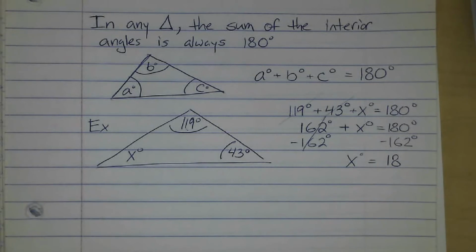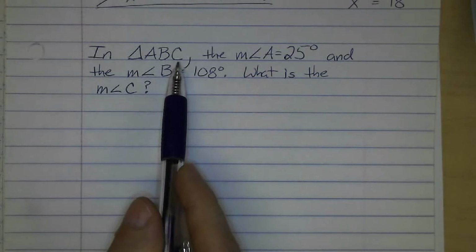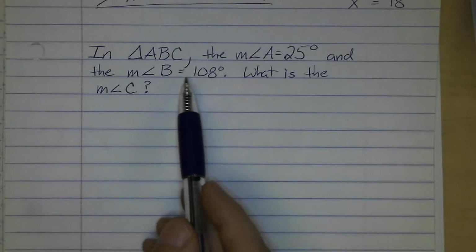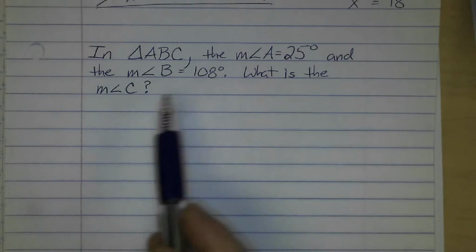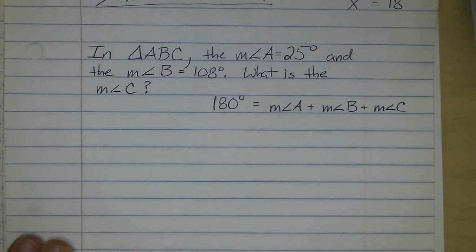Now let's take a look at an example of a word problem. In triangle ABC, the measure of angle A is 25 degrees and the measure of angle B is 108 degrees. What is the measure of angle C? Well, again, even without a picture, I know that all three of those angles have to add up to 180 degrees.